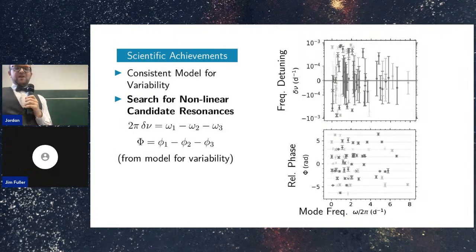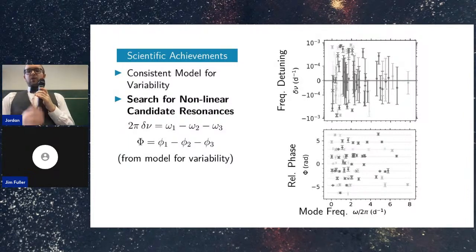Specifically, their frequency difference, so this is the mode frequency shown on the x-axis here, should be approximately 0, otherwise known as they should be approximately resonant, and their phases, another parameter that we can obtain from these models for the variability, should also be some integer multiple of pi over 2, which was a criterion inspired by earlier literature.